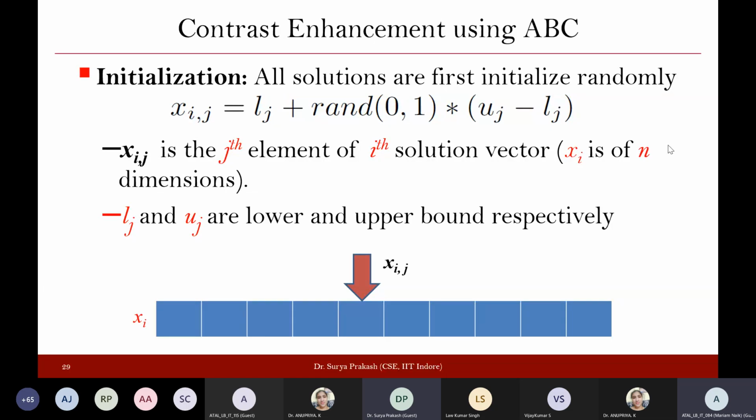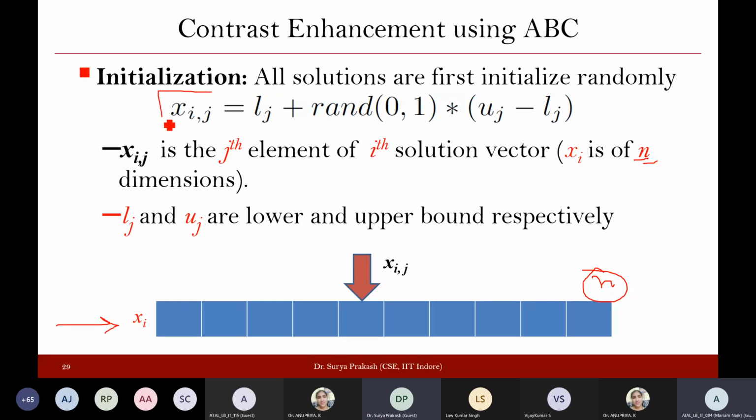Here the solution vector that we are using for the optimization is an n-dimensional vector. How are we initializing this n-dimensional vector? It represents the pixels, and pixel intensities are between 0 and 255. By using this range, the solution vector is initialized.